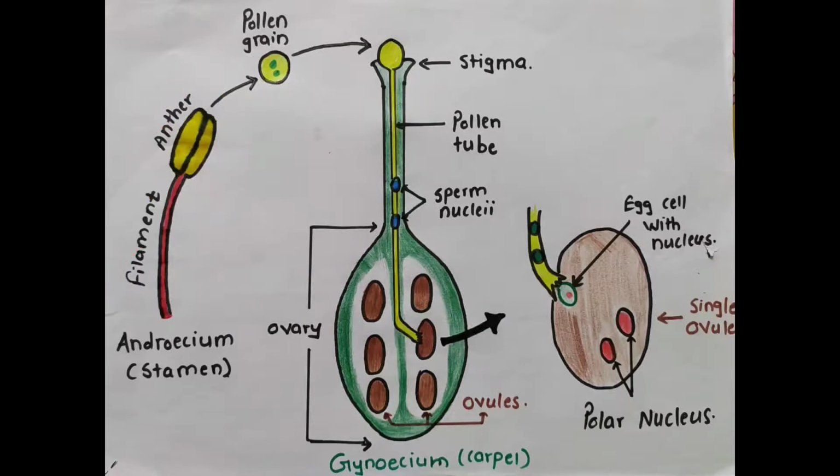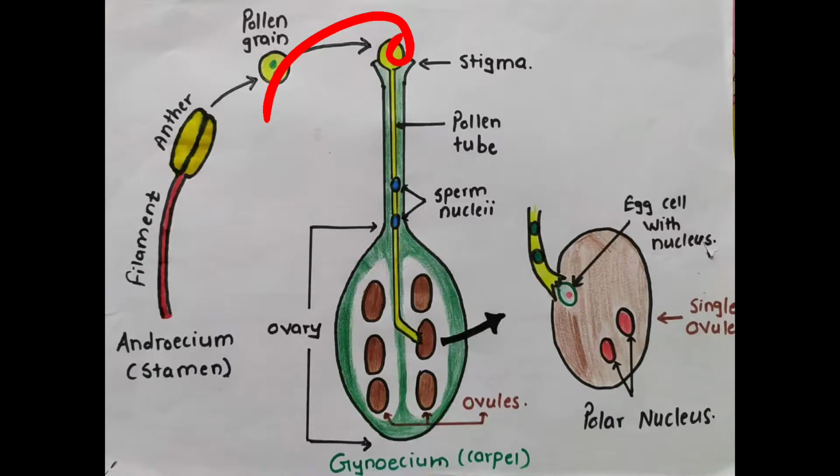Actually, many pollen grains come out when the anther bursts, but here I have drawn only one pollen grain. This pollen grain is now going to shift to the stigma. As I told, the stigma gets sticky when the pollen grain approaches it. This process of transfer of pollen grain to the stigma is called pollination.